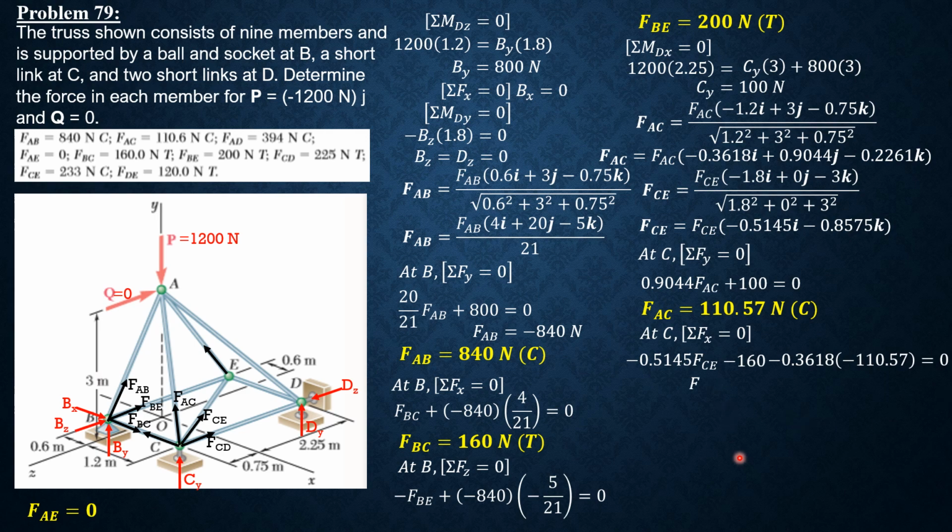So solving for FCE, FCE is negative 233.23 newtons, so FCE is 233.23 newtons compression.